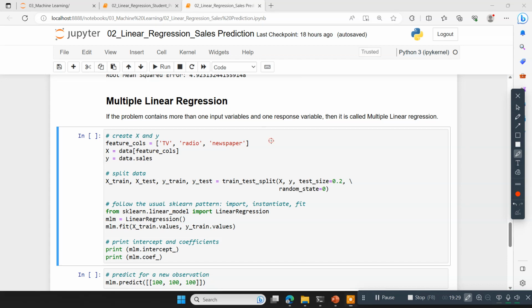Sales is equal to beta 0 plus beta 1 into TV, plus beta 2, the next coefficient, into radio, plus beta 3 into newspaper.